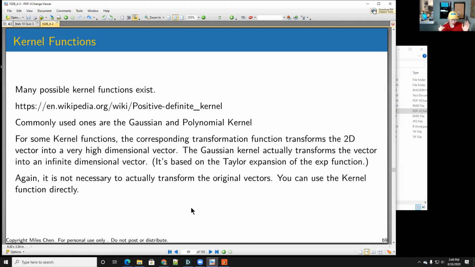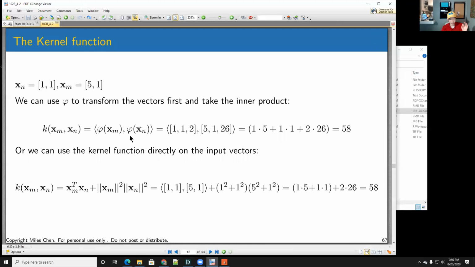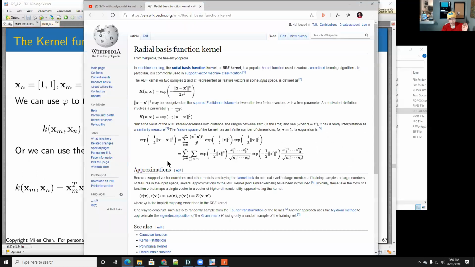The Gaussian kernel has a corresponding phi function that takes the Taylor expansion and expands it into an infinitely long product.